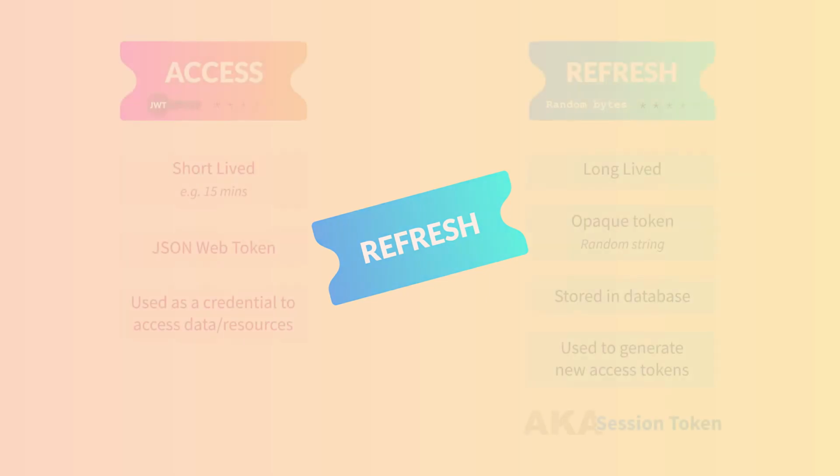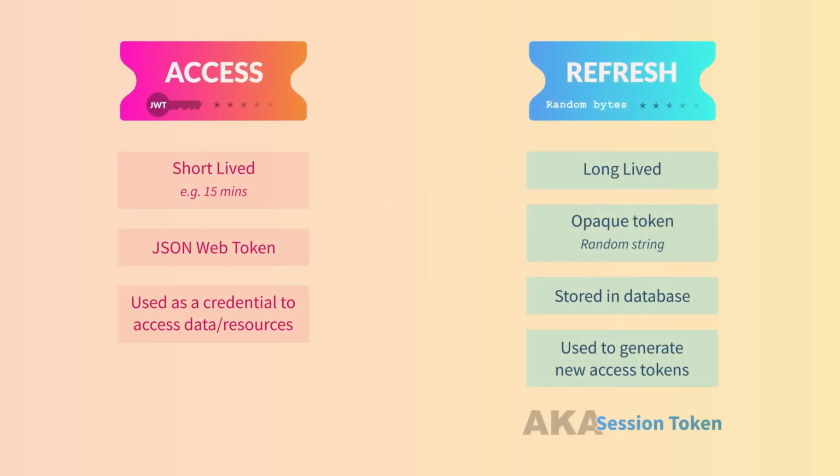So we're going to be implementing an authentication system where we have a short-lived access token, which will be using JWT, and a long-lived refresh token, which will just be a randomly generated string that will be stored in the database, and that refresh token will be used to refresh the access token when the access token expires. The access token, which will be a JSON Web Token, will be short-lived, meaning that it has a very short expiry time, maybe something like 10 or 15 minutes.